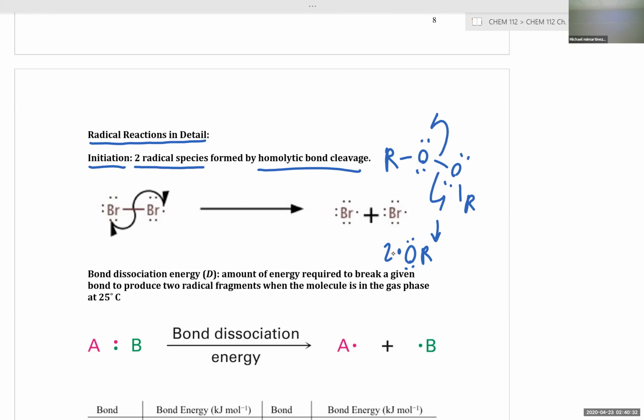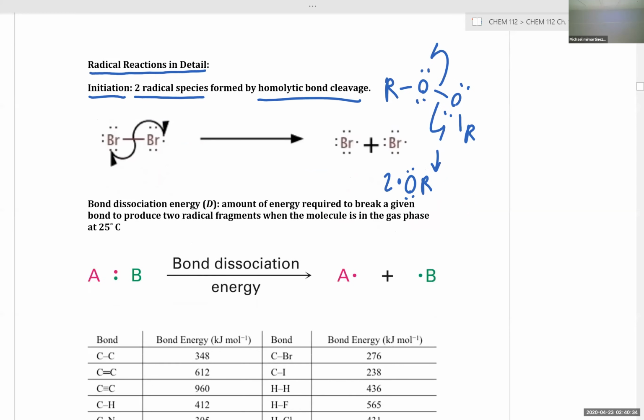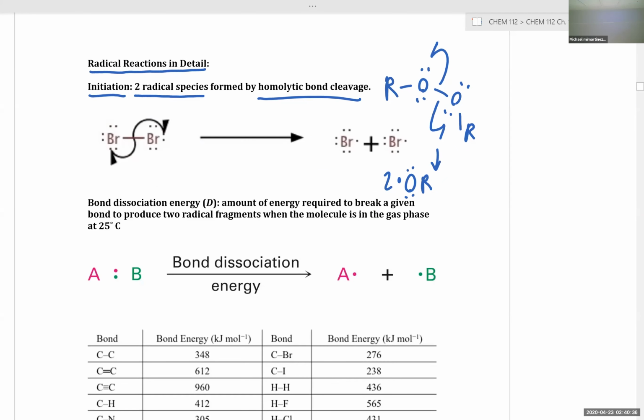Now, one measure that we use to assess the energy required to break a bond in a heterolytic fashion is the bond dissociation energy, which is the amount of energy required to break a given bond to produce 2 radical fragments when the molecule is in the gas phase at 25 degrees Celsius. So bond dissociation energy essentially describes the energy required to heterolytically break a bond.